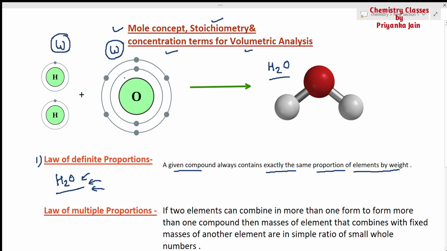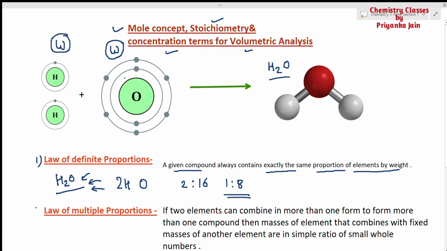It will always have two hydrogen atoms and one oxygen atom, so a mass ratio of 2 to 16, that is 1 to 8. In all cases, the weight ratio of the two elements is 1 to 8. This is the law of definite proportion.